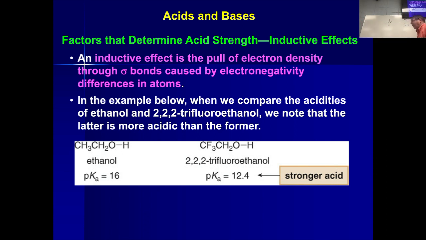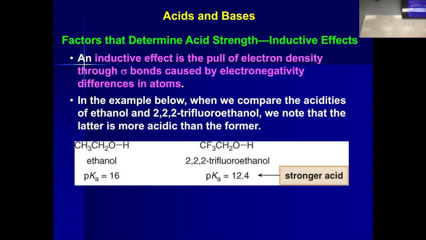So when we look at ethanol, I'm going to draw it out. CH, H, H, CH, H, O, H. Okay, there's ethanol.